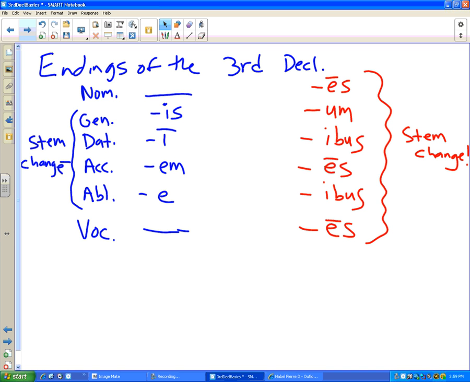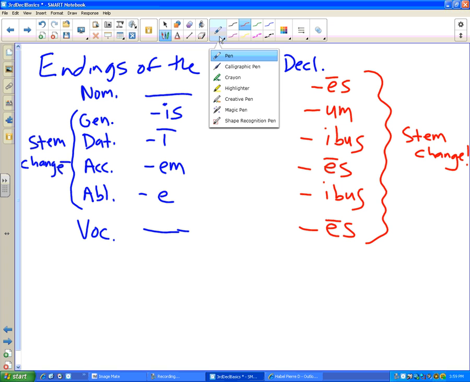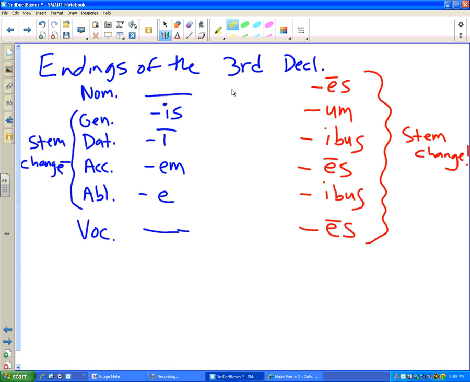All right, the endings of the third declension. What I'm going to do is try to make this economical in terms of your time and my time, and just quickly highlight a few things. And I'm going to grab a highlighter, and I'm going to choose to highlight this, and this, and this.